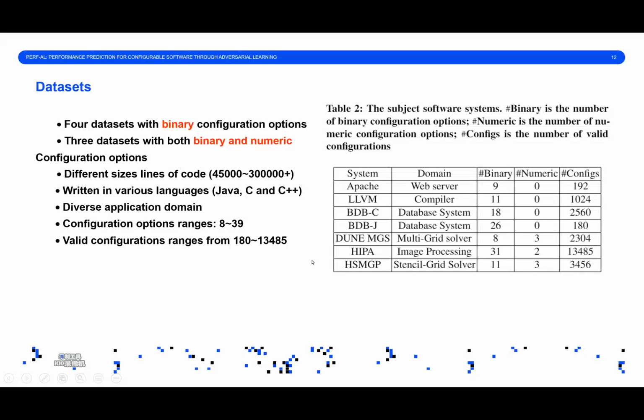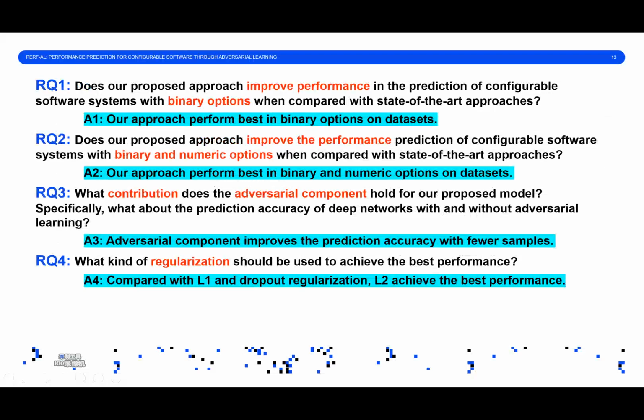They also have some configurations in the datasets. I propose four questions. The first question is: does our proposed approach improve the performance in binary options? The answer is our approach performs best in binary options on these datasets.